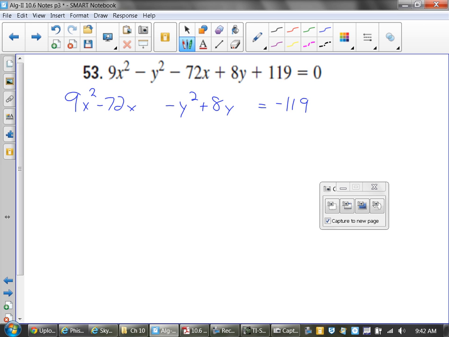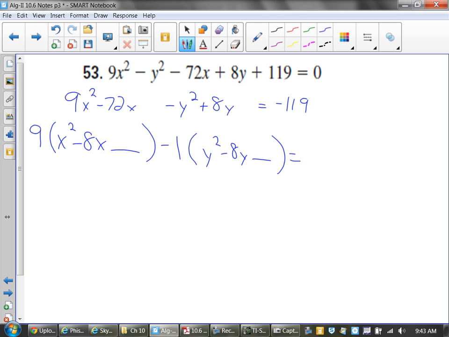In order to complete the square for this, that first term has to be equal to 1, which means I'm going to immediately factor out the 9 with the x squareds. So I have x squared minus 8x blank, minus 1, take out the negative 1, y squared minus 8y blank.